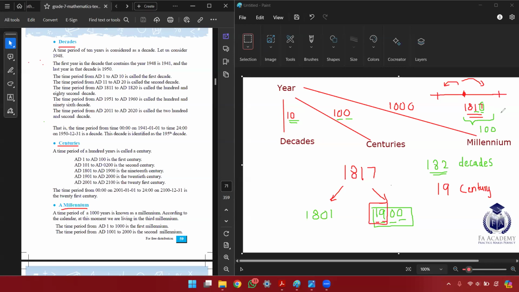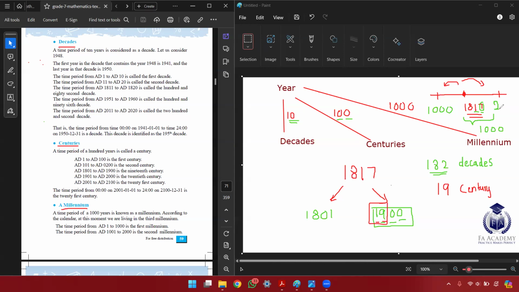So if you have 1817, you need to see the 1000s on both sides, right? So it's going to be 1000 now. So you need to have three zeros here. So 1 and 3 zeros. So instead of 817, you're just putting 3 zeros. So that is the first 1000 that you have. And what's the next 1000? 1817 is the mid number.